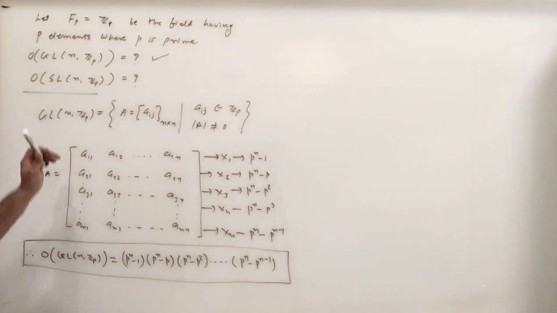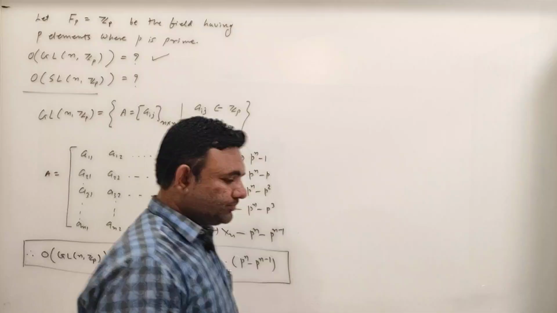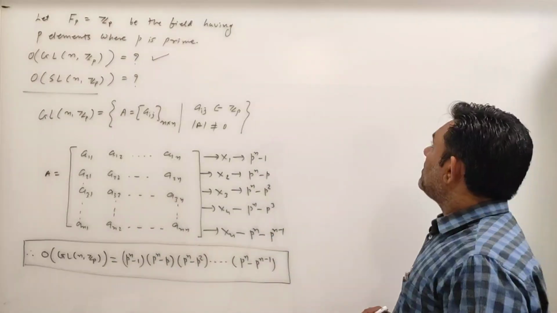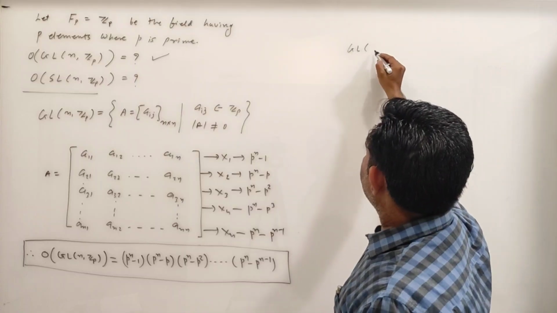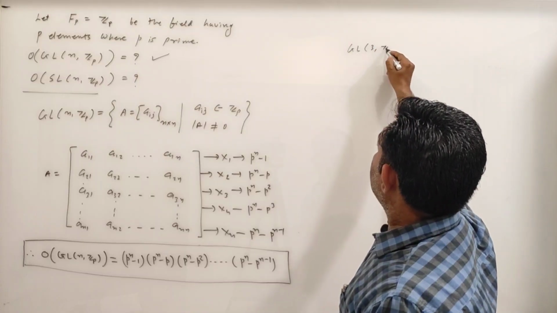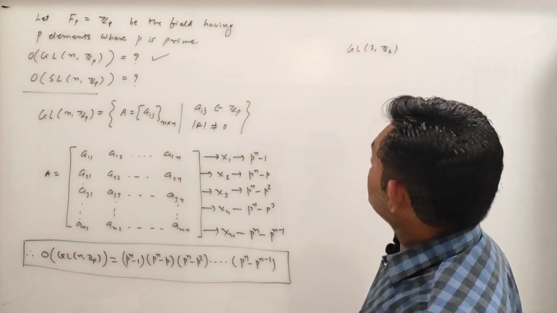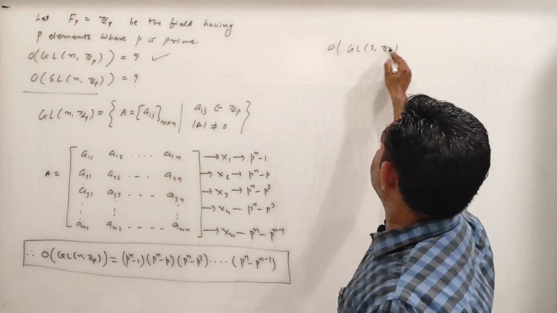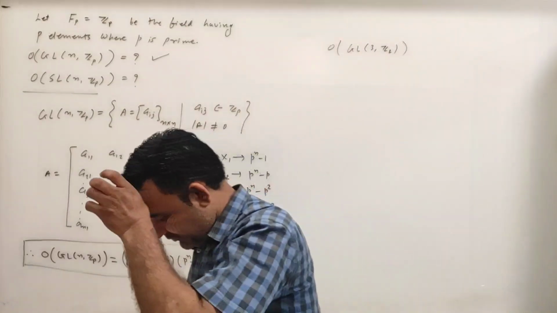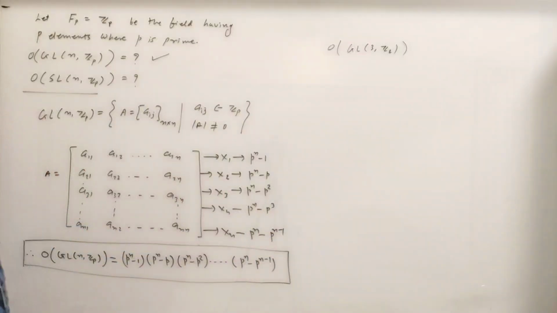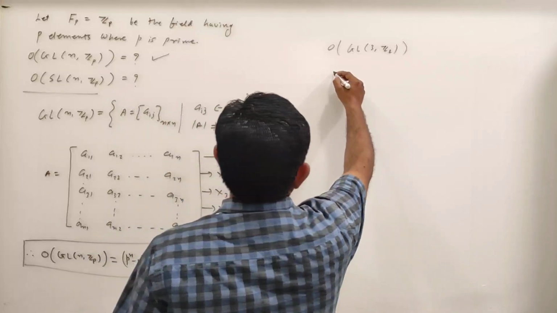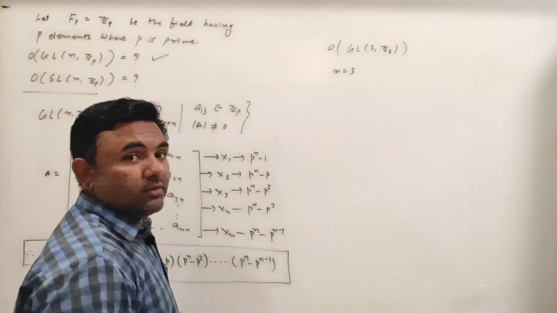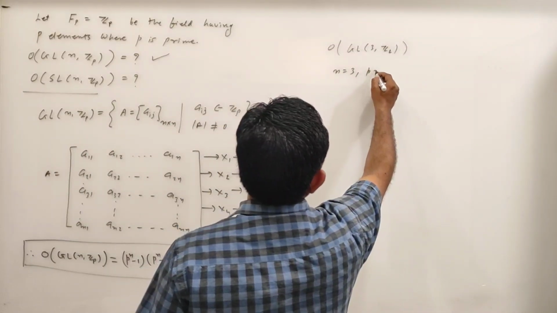Okay, before going there, let me give one example. Consider GL(3, Z2). What is the cardinality of this? What is the order of GL(3, Z2)? Here n is equal to 3 and P is equal to 2.